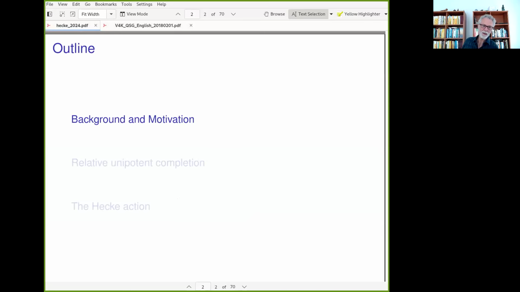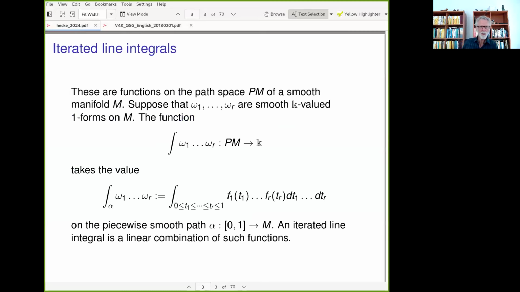So let me just start with a little background that you may or may not know, and then we'll move on from there. You probably know from Payman that an iterated integral, or an iterated line integral, is this expression here. It's a string of one forms on a manifold, and you take a time-ordered integral of them.